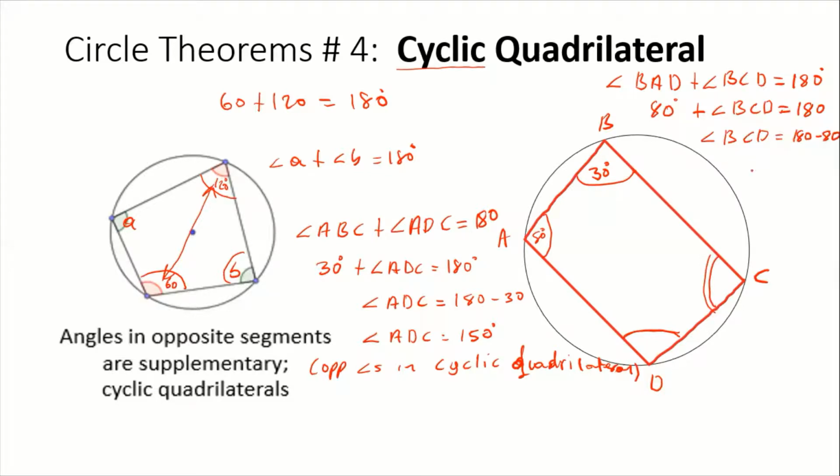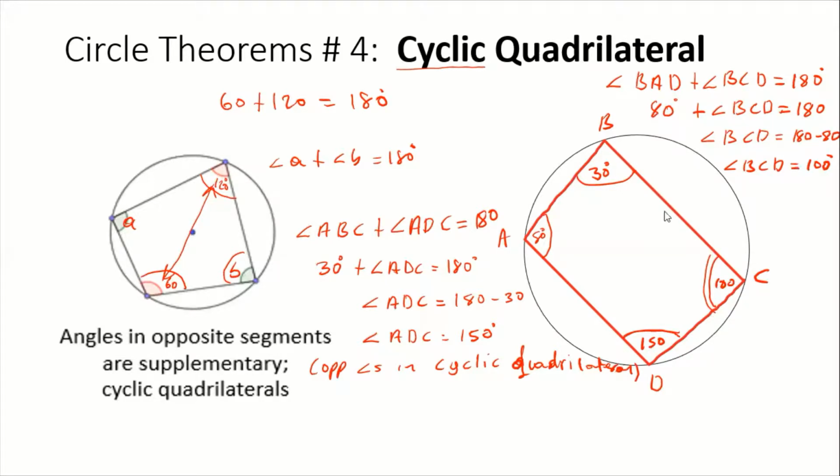Therefore, angle BCD is going to equal 100 degrees. So this angle here is going to be 100 degrees, and this one down here is going to be 150 degrees. And the reason would be the same: opposite angles in a cyclic quadrilateral sum to give 180 degrees. So that's how you would justify your answer.